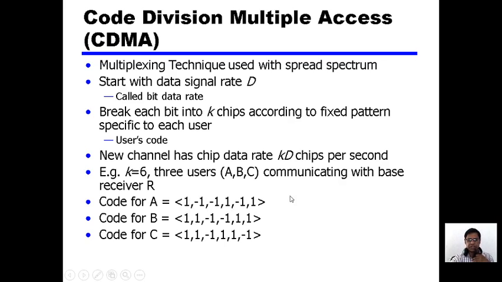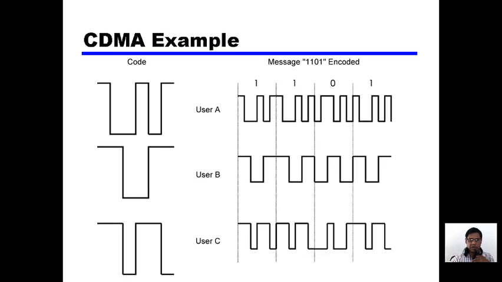Complement of this is -1 1 1 -1 1 -1. Okay, so here also it is code for C. It is 1 1 1 1. Okay, -1 1 like this. Okay, a set of signals are transmitting between A, B and C, or the three signals are also communicating with each other. Okay, CDMA example we can see here how the code is transmitting.